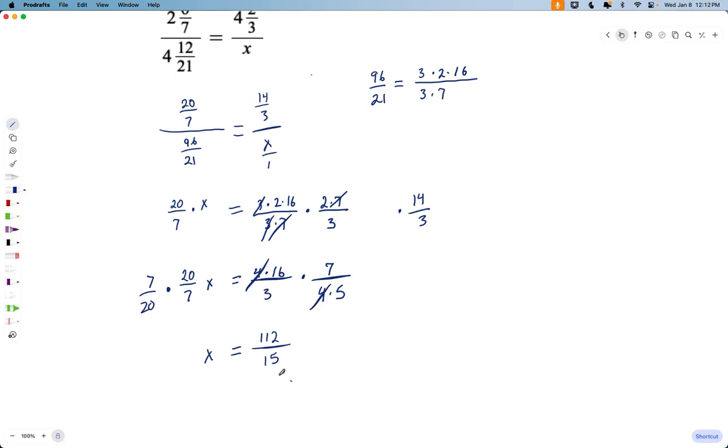That's your solution. And you leave it just like that. 112 over 15. So think about waiting to multiply until the very end. Factor and cancel as much as possible during the problem so that you don't have these big, huge numbers that you then have to reduce at the end. It'll save you a lot of steps.